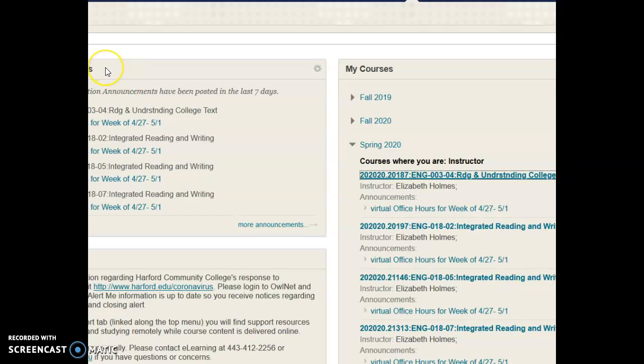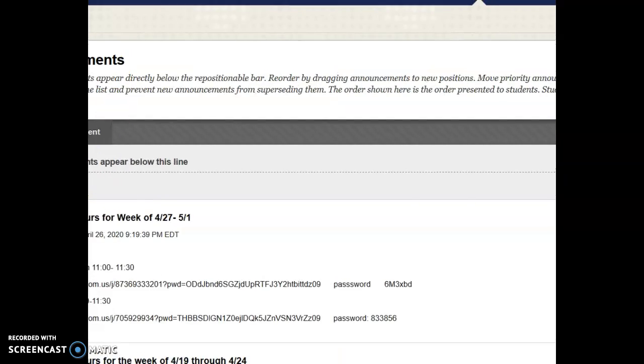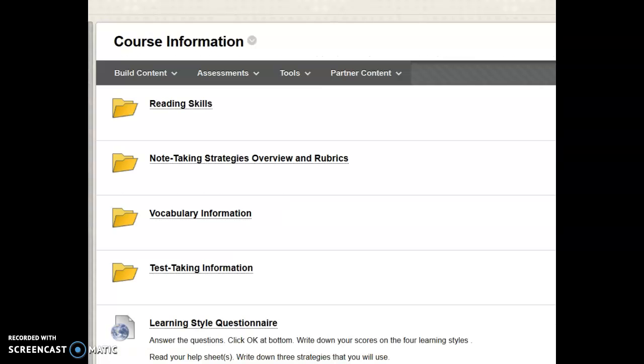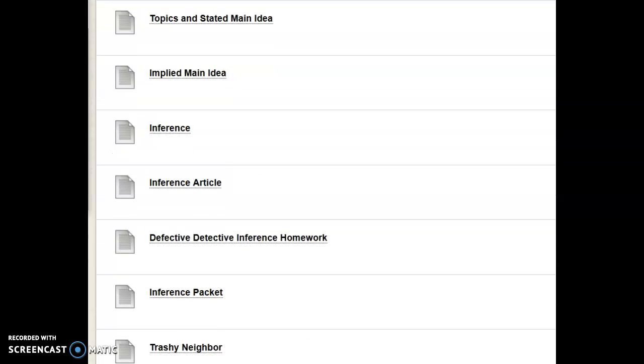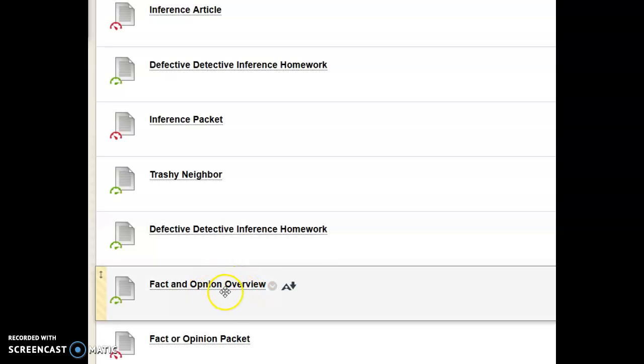So course information, and then reading skills. And from reading skills, you want to scroll down. Okay, we have fact and opinion overview.